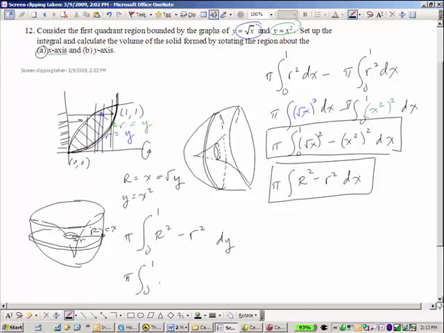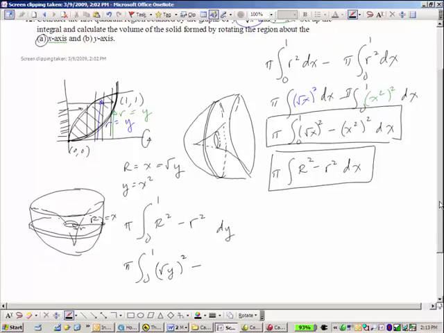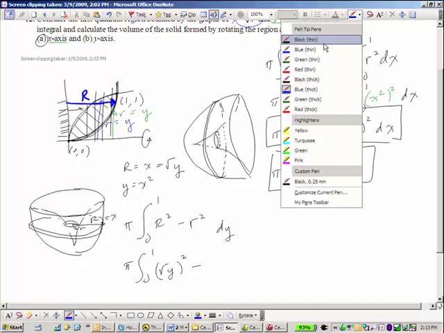All right, so I get root y quantity squared. So the big radius, you just said everything equals each other. Big radius equals x, and x is going to equal square root of y. So r also equals square root of y.